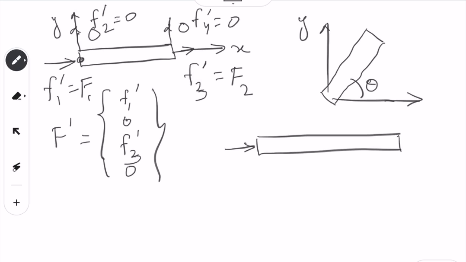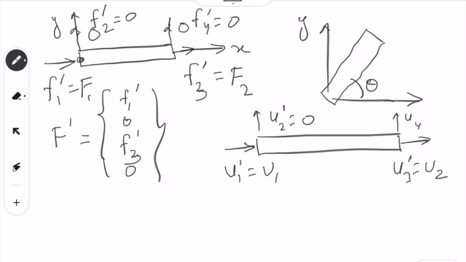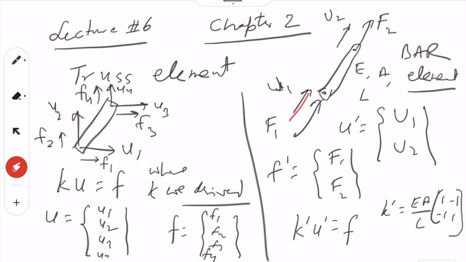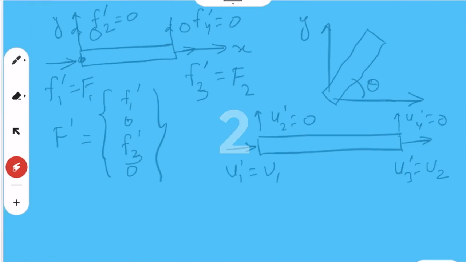Let's call it u1 dash equal to capital U1, basically, u2 dash equal to 0, u3 dash equal to u2, and u4 dash equal to 0. Why u2? This is because we are relating with this one, right? So we have u1 here and u2 here, right? Okay, so that's what we are relating to that.